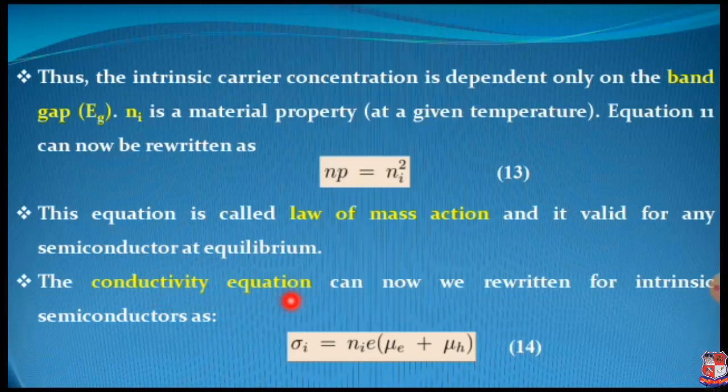The conductivity equation can now be rewritten for an intrinsic semiconductor as sigma_i is equal to ni e into (mu_e plus mu_h). So this is the final conductivity equation for a semiconductor.